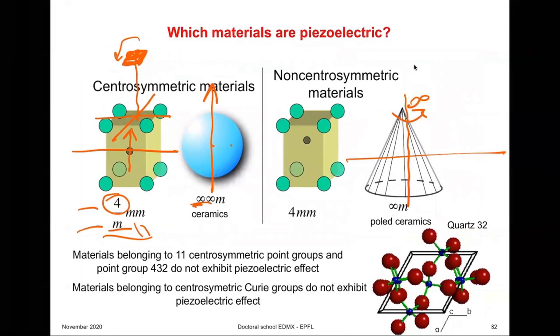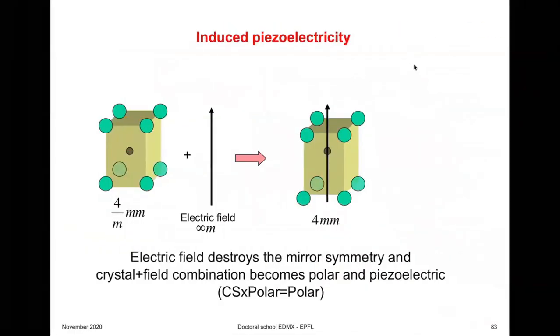Many of our ferroelectric materials will look like this, and poled ceramics, and I will explain this term, poled, will look like that. So this is something that is very important for applications and for your work if you work with most of the thin films. So this is what we would also get with induced piezoelectricity.